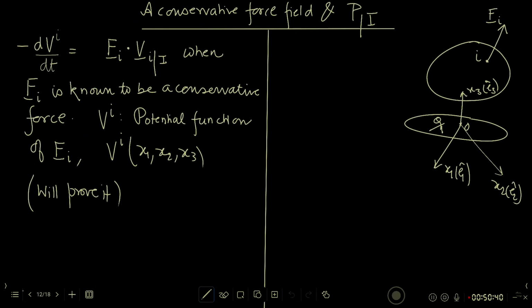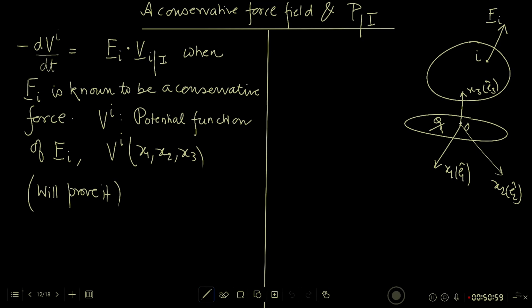Let's come to the primary question of interest. How does the realization that a force field is conservative help us simplify the expression for Pi?